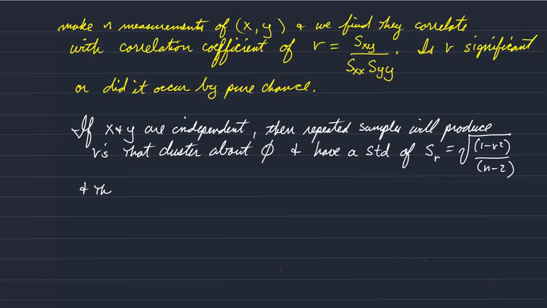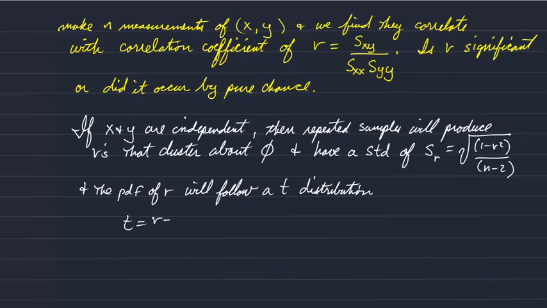And the PDF of r will follow a t-distribution, with t defined as r minus the mean value of r over the estimated standard deviation of r.